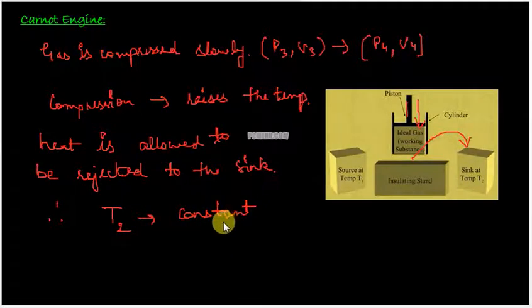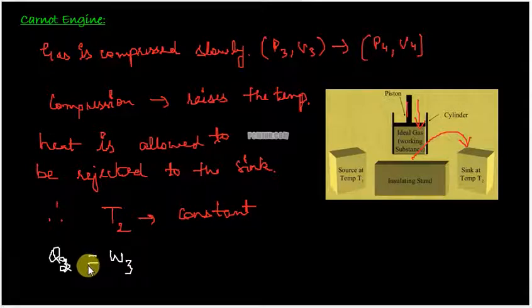So what would be our work done? Work done is of course based on the amount of heat energy. If we say Q2 is the amount of heat rejected to the sink, the amount of work done on the gas is based on that. Whatever amount of work is done on the gas is lost as heat to the surroundings.